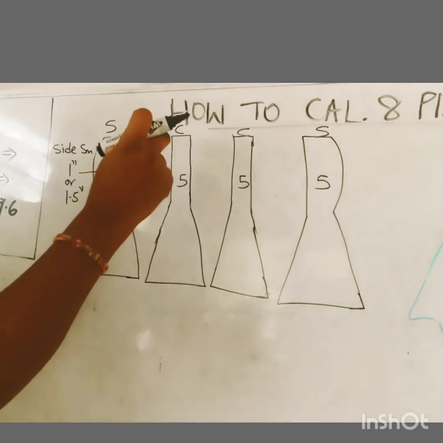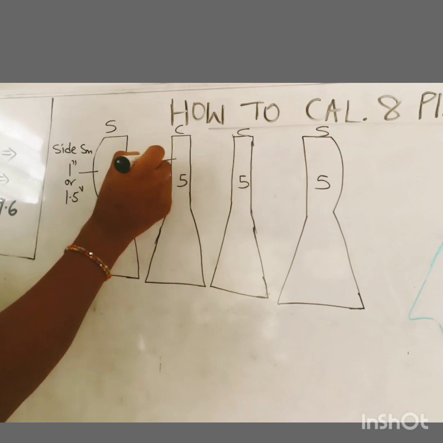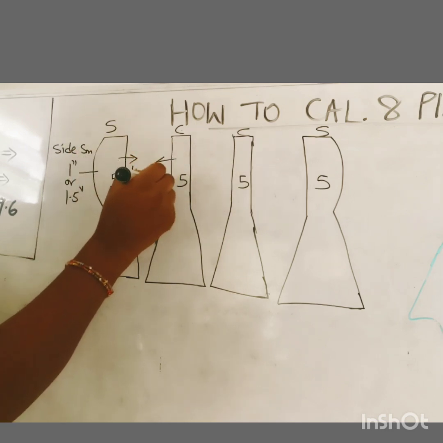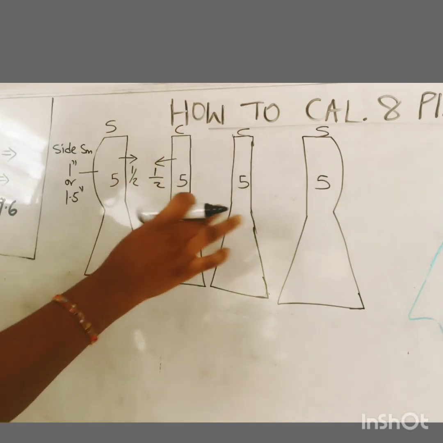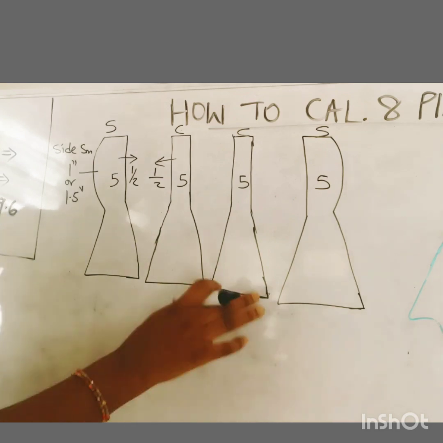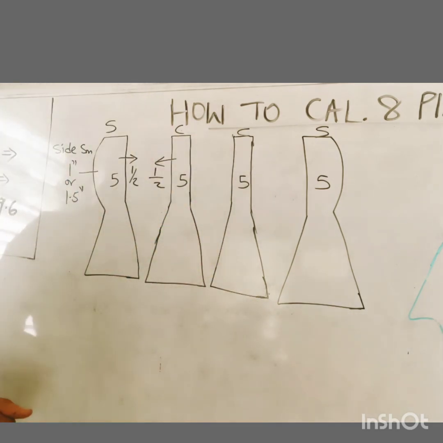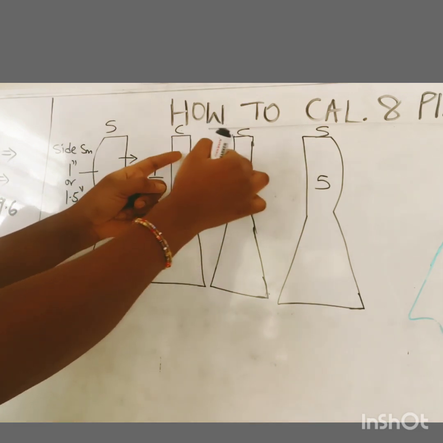Okay, and then for this center you need 1/2 inch to join it to this, you need 1/2 inch. So assuming this is the back panel, you need zipper allowance as well as an allowance to join these two together.